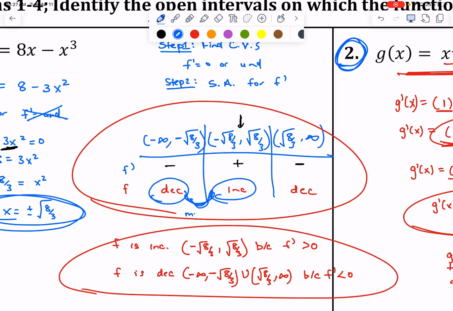A min. You could have said positive root 8/3 is a what? Max. Now you're going to have to write out why. You're going to have to say f has a relative min at negative root 8/3, comma, something, because I'm going to make you plug that back in the original equation and find the point.